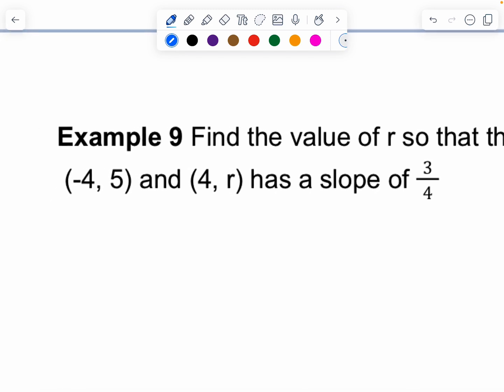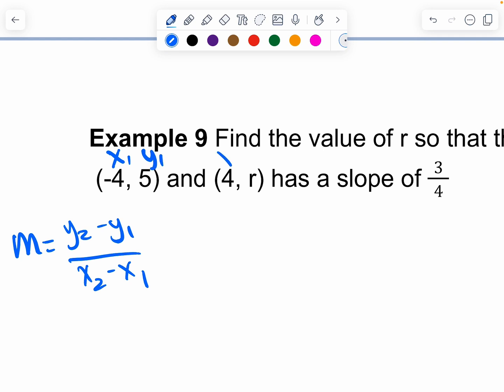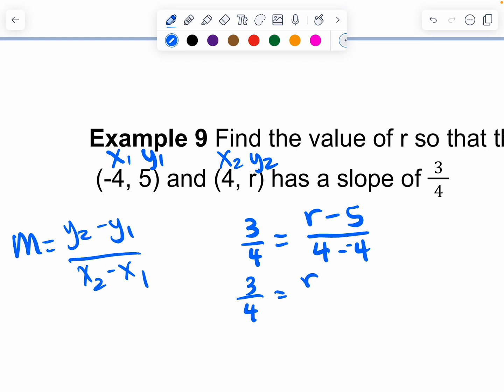Now, y2 minus y1 over x2 minus x1, x1, y1, x2, y2, and the slope. So I'm going to replace the slope with 3/4. Then I have r minus 5 over 4 minus negative 4. So 3/4 equals r minus 5 over 8.